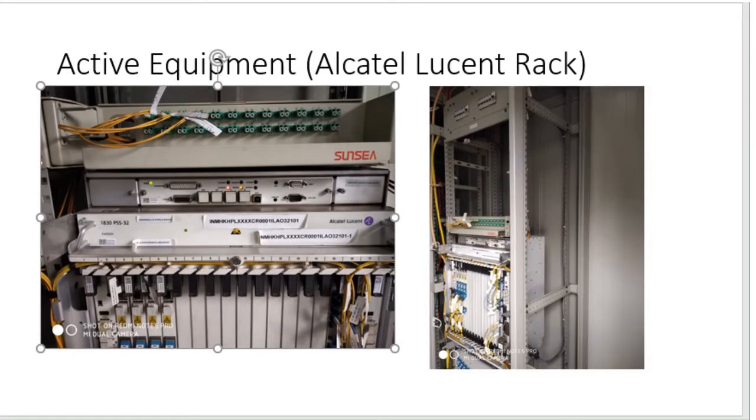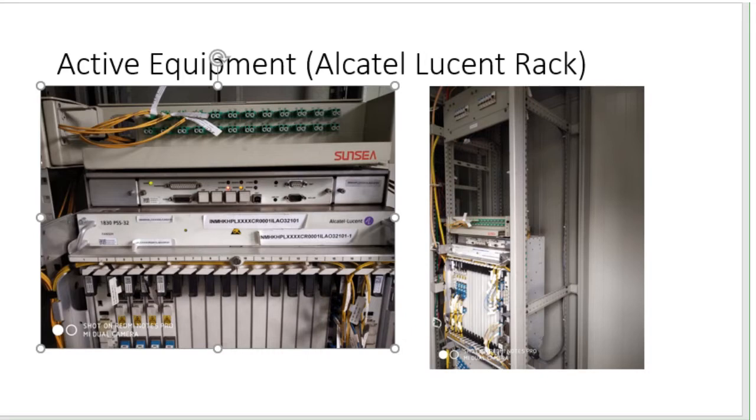Here we can see the two photographs in this slide. The right hand side photograph shows the rack which is installed on the right hand side wall of the shelter. In this rack, if you see from top, this is a DC-DB. After this is a vacant space. This is a Sunsi make fiber termination unit.